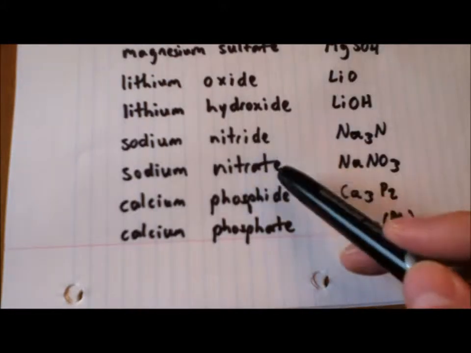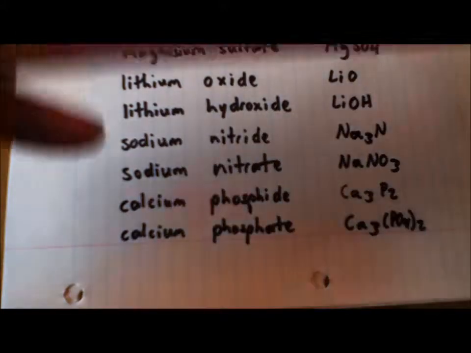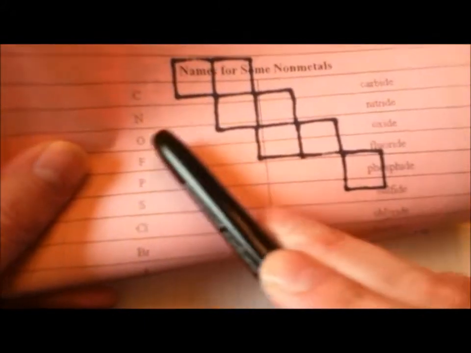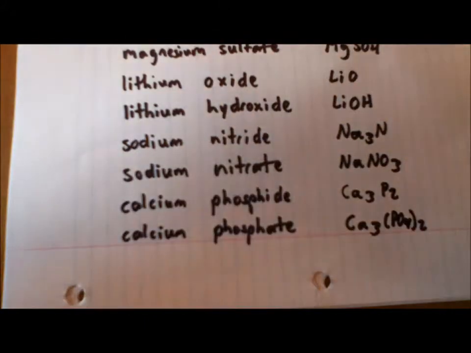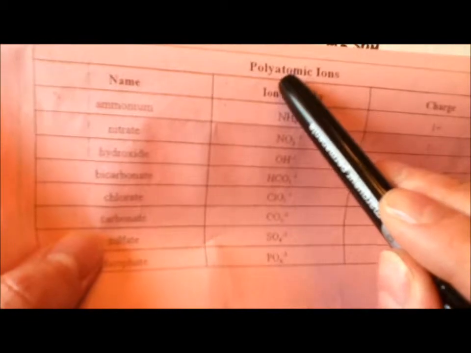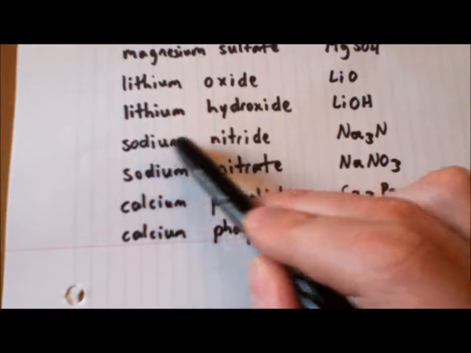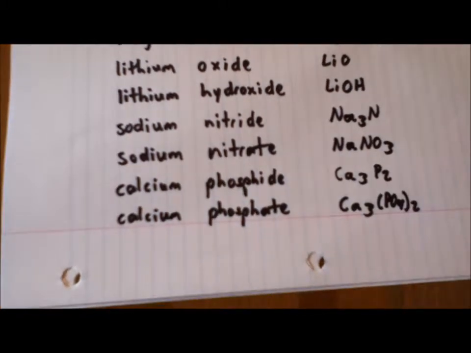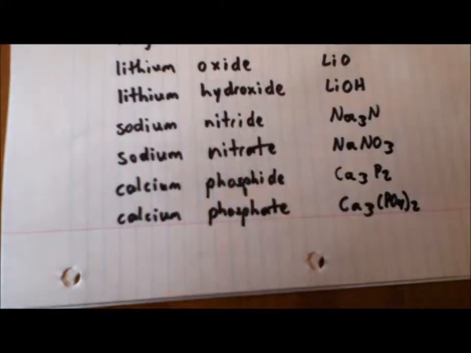Let's look at nitride versus nitrate. Again, look at those charts. Nitride is nitrogen, and nitrate is right there, NO3, which is polyatomic. So sodium nitride is ionic, sodium nitrate is polyatomic. Calcium phosphide, let's look for those names.